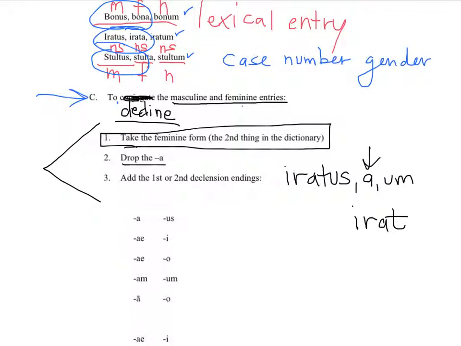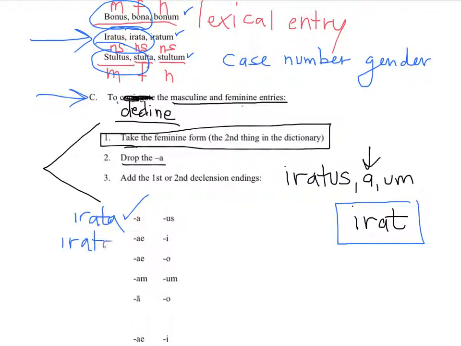Now you have what's called your stem or your theme, I-R-A-T, for irata up here. Then you add the A to the end of that if you want to decline it for a feminine noun. You add the AE if you want to do it for the genitive feminine noun in the singular. The AE again for the dative, the AM for the accusative singular, and the long A for the ablative singular.